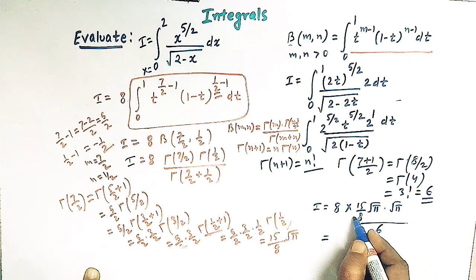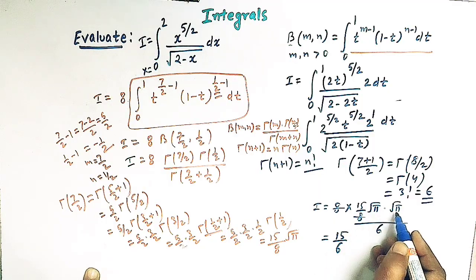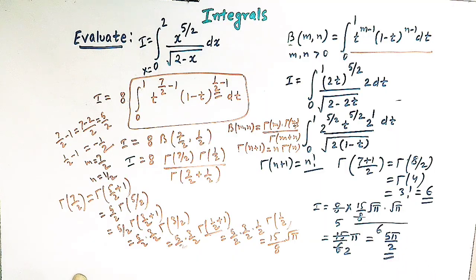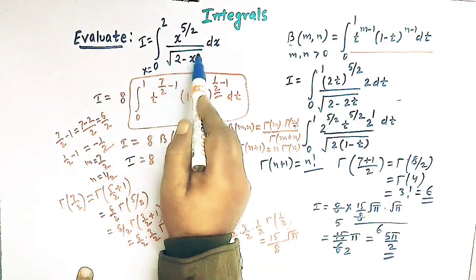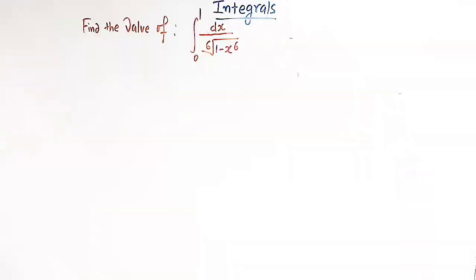Now this 8 and this 8 get cancelled, and we have 15 over 6. Root pi times root pi is pi, and simplifying, this is 3 times 5 and 3 times 2 is 6. So we have 5 pi over 2. So viewers, the value of this integral I is 5 pi divided by 2.